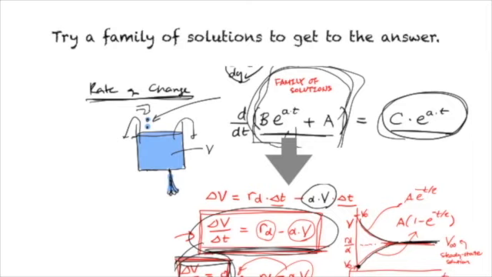And the second thing you should consider is what we often call the steady state condition solution. So the rate can vary in many different ways, but once it becomes zero, what does it mean?